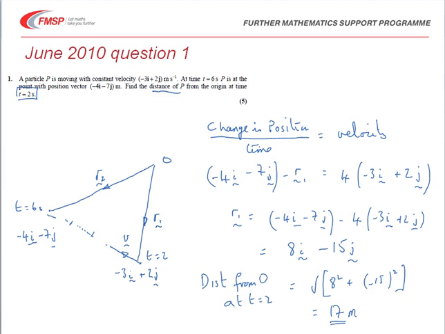The allocation of marks here was firstly getting a correct equation, so M1 for the method and A1 for a correct equation.